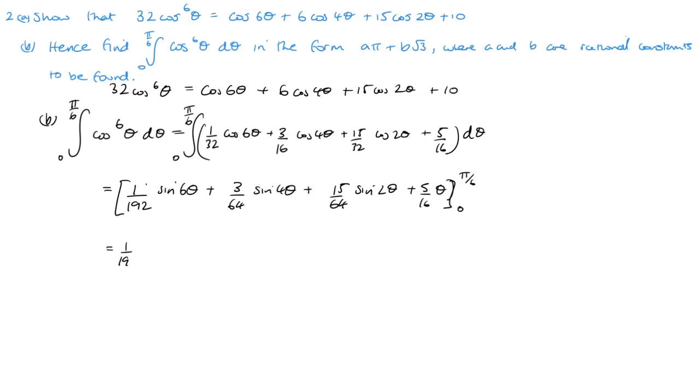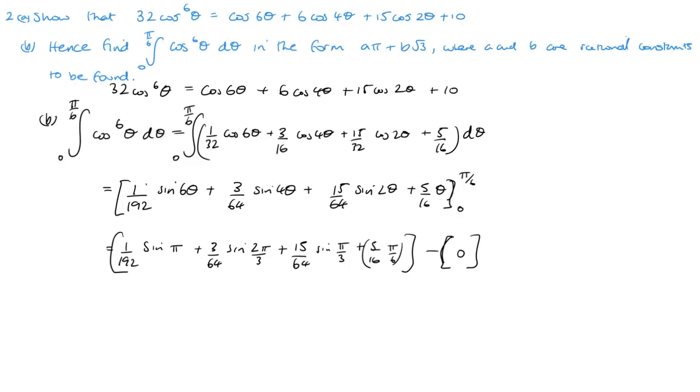We've got 1 over 192 sine of 6 times pi by 6, which is pi, plus 3 over 64 times sine of 4 times pi by 6, which is 2 pi by 3, plus 15 over 64 sine pi by 3 plus 5 over 16 times pi by 6, and all that is taken away 0.